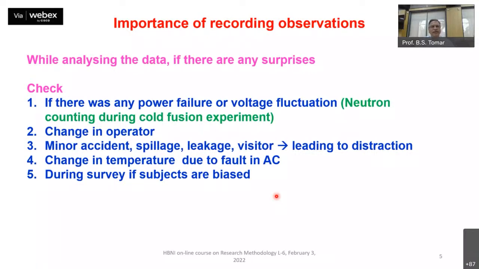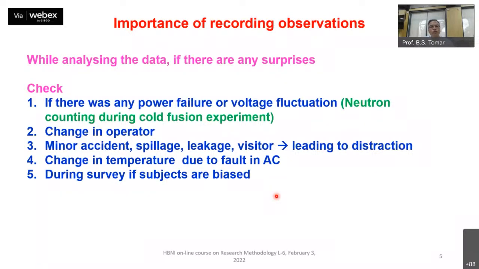So the results might get influenced by how the operator is handling the machine. If you are recording your observations and at a particular time something happens, later on you can check and see what happened at that point of time.